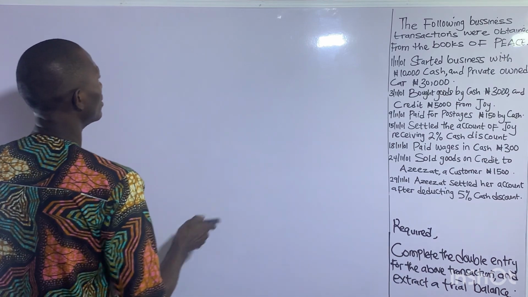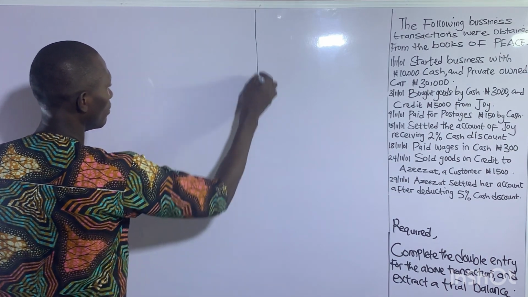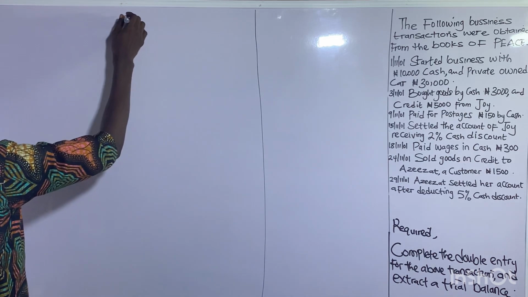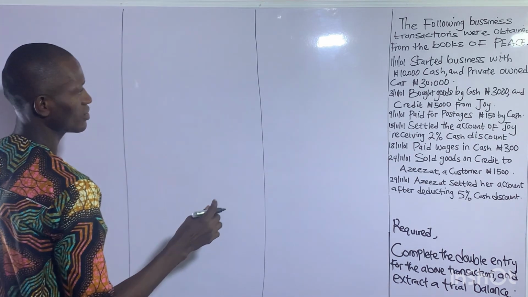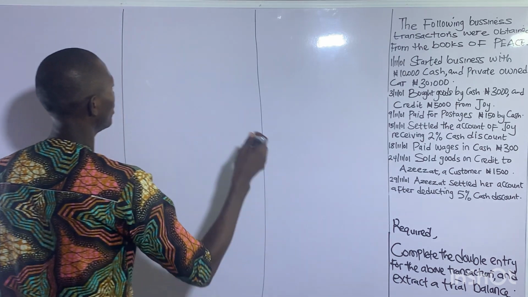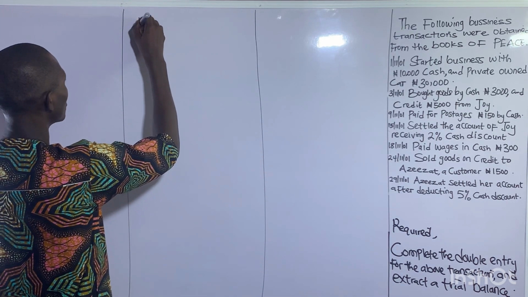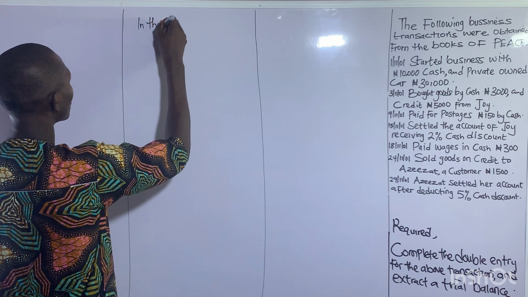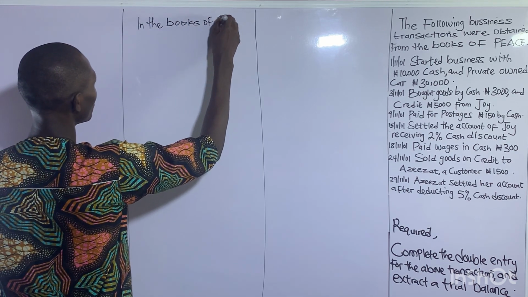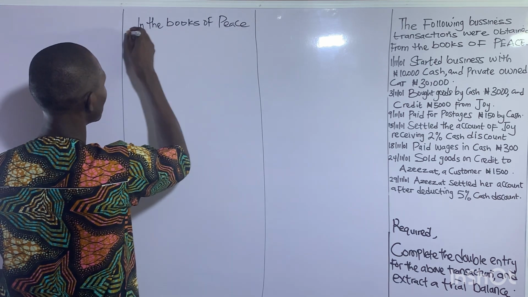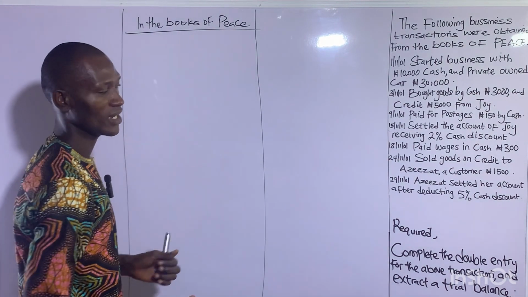Let's divide the board so that we'll be able to manage it. The name of the business is Peace, so we have in the books of Peace, that's where we want to record all these business transactions.